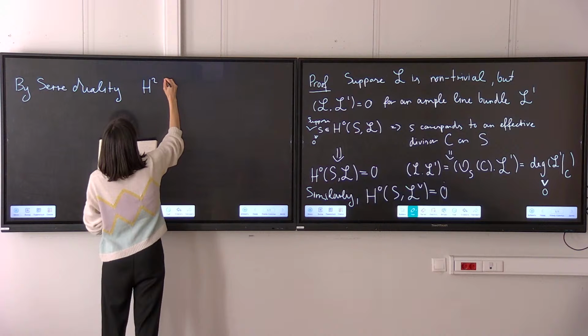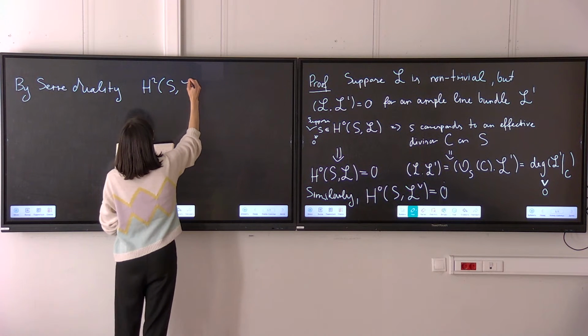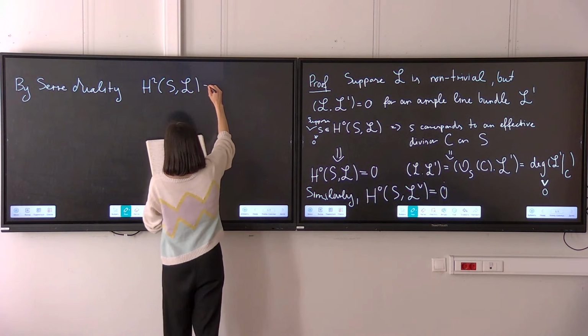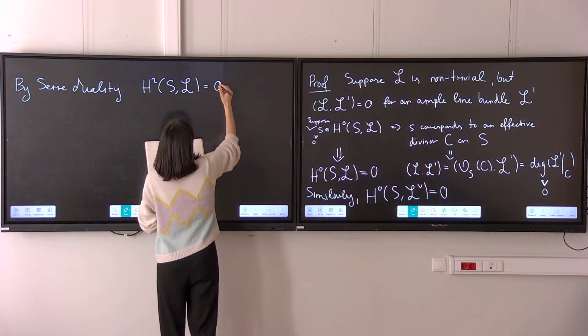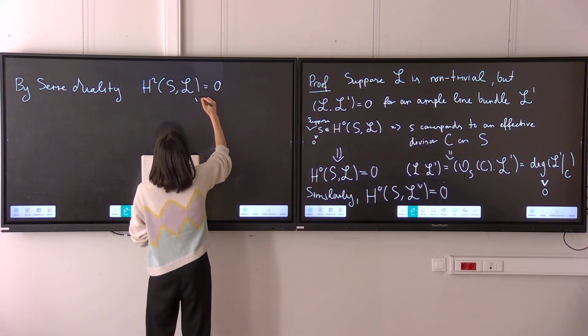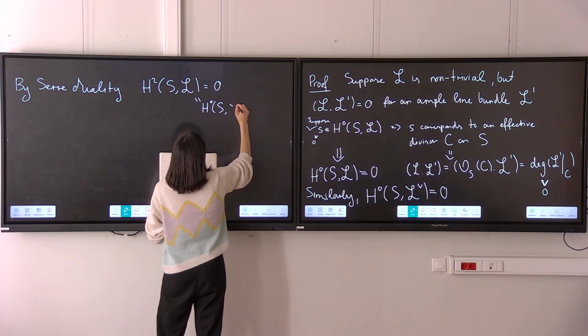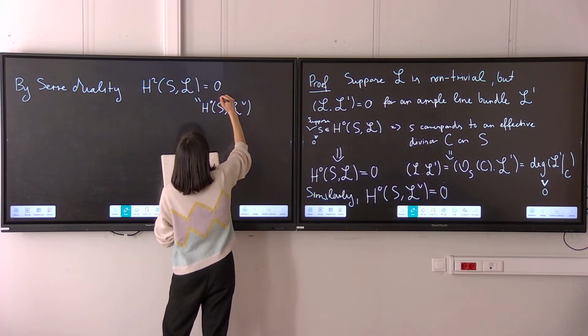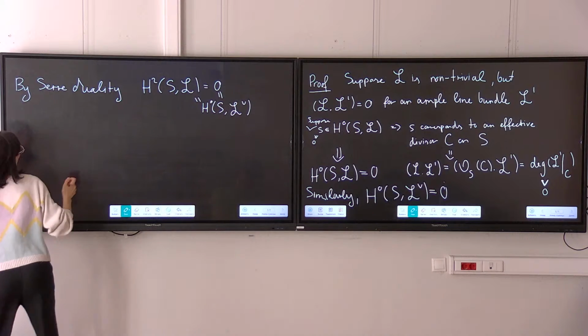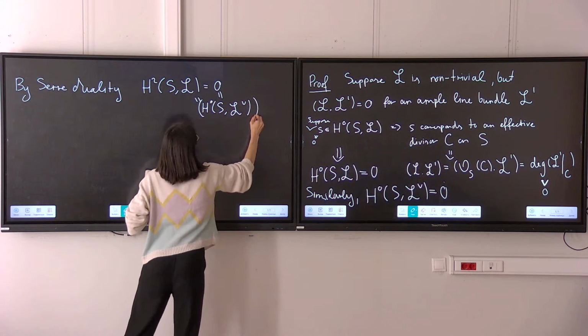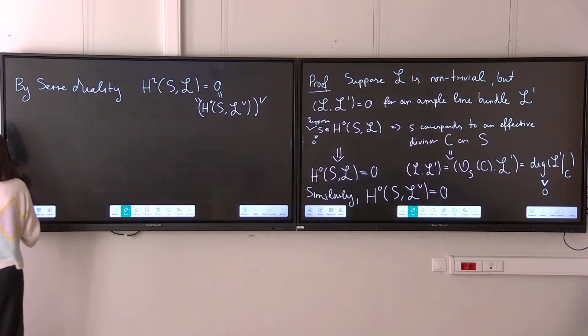H² of L is 0, just because this is H⁰ of L dual, I always forget about it. Okay, this is 0.